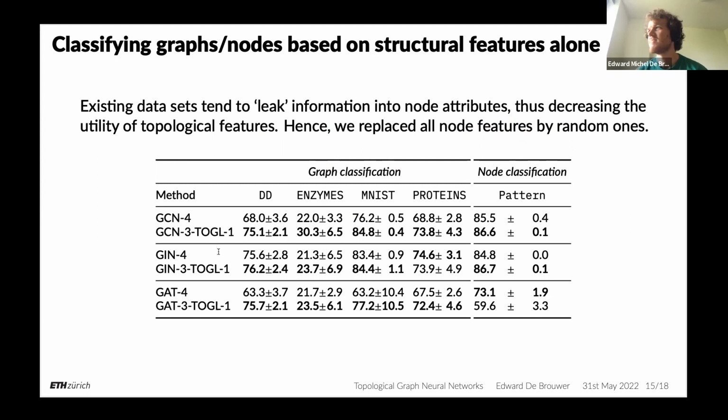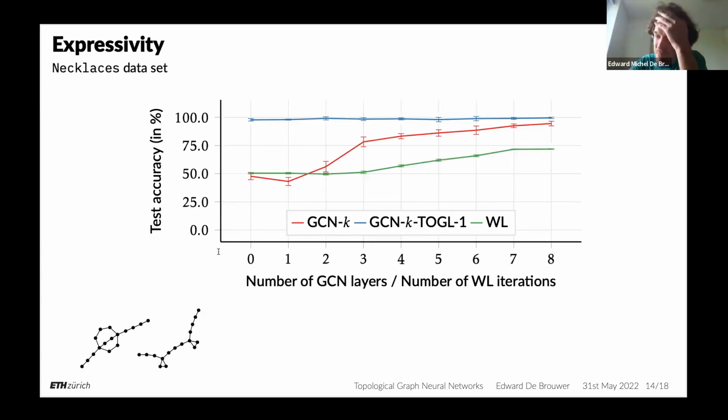Okay. What did I want to ask? In your previous experiment, we have a bunch of GCN layers and then we have one TOGL layer, or how does it work? Yeah, exactly. I don't remember exactly where we would put it.